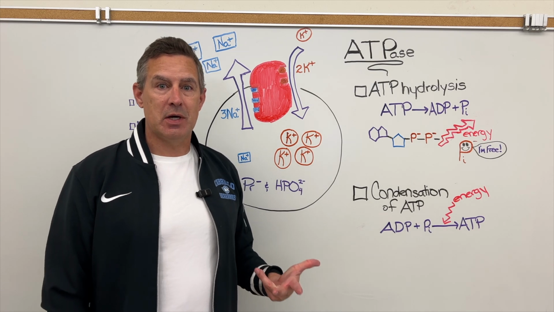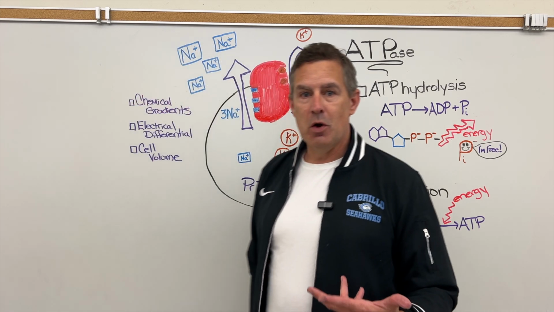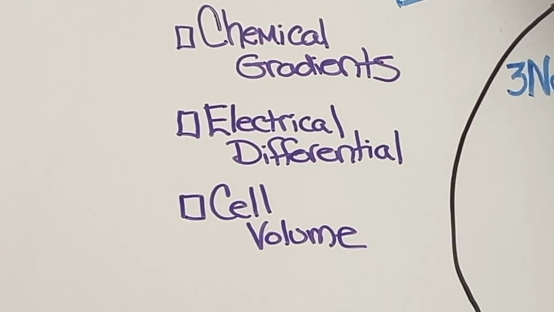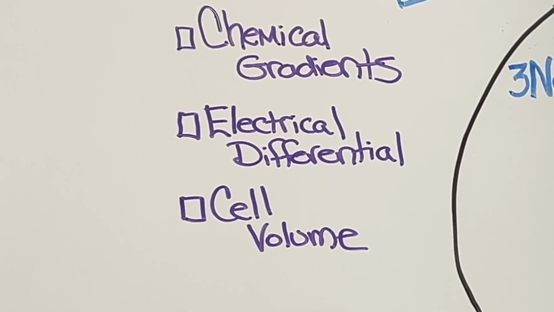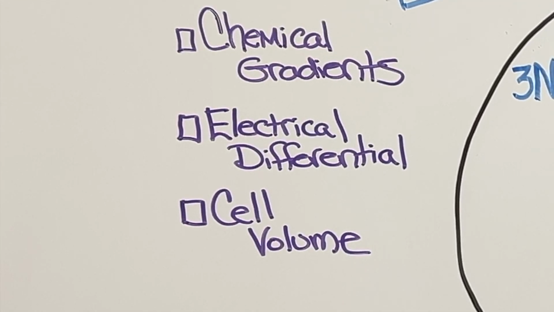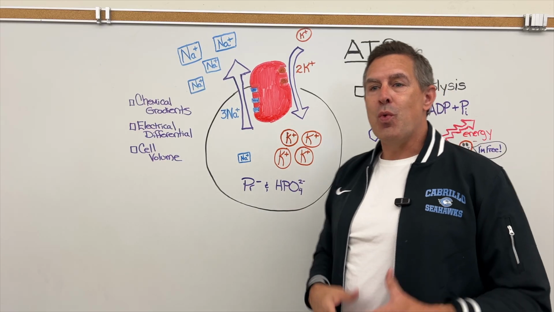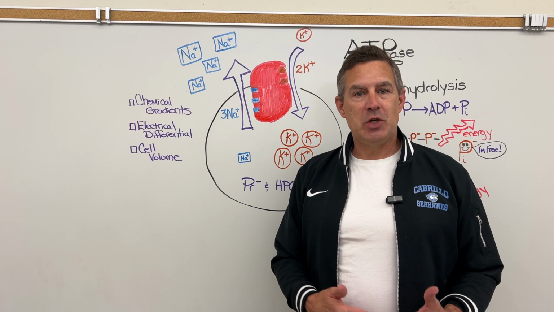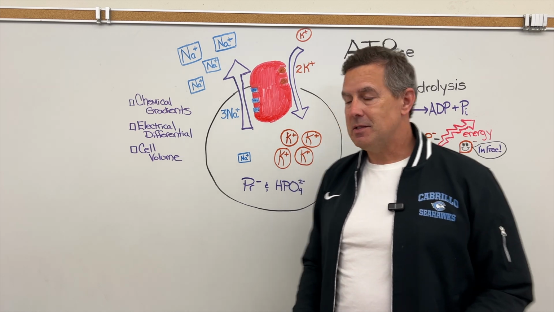What are the roles of the sodium-potassium pump? Well, once again, it's to maintain chemical gradients. That is to say, a higher concentration of sodium outside of cells and a higher concentration of potassium inside of cells. We need this for metabolic activity, for the cell to change voltage or to depolarize.